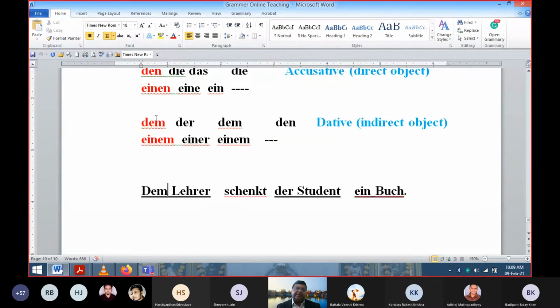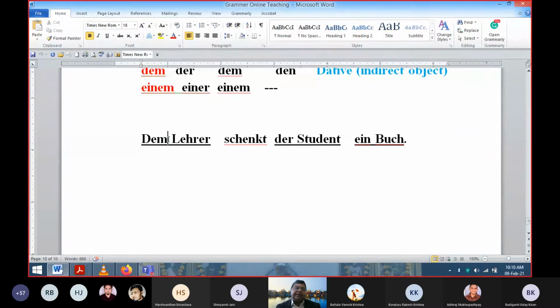Now one thing you should remember: in the dative, in the case of dem etc., we are not using the preposition 'to' separately. In fact, in the article itself, 'to' is embedded. So the meaning of dem is 'to the'. Einem means 'to a' or 'to an'. So der Student schenkt dem Lehrer ein Buch.